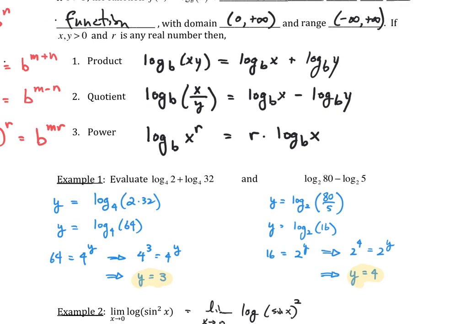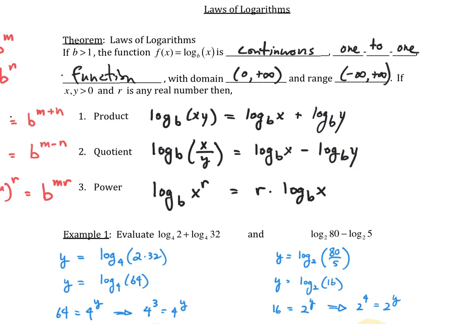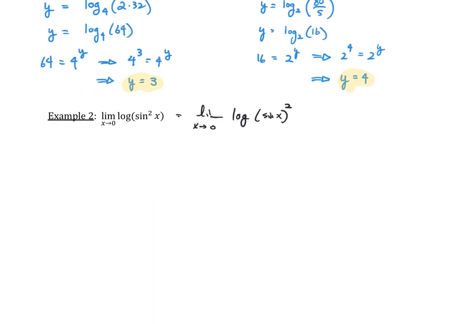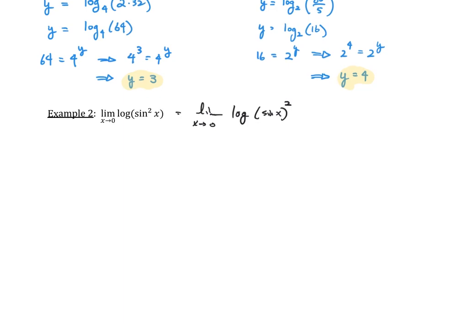Let's go back and look at our theorem. In our theorem, we really required that both x and y were greater than 0. And if we go back and look at our function over here, we can see that this guy involves sine of x.